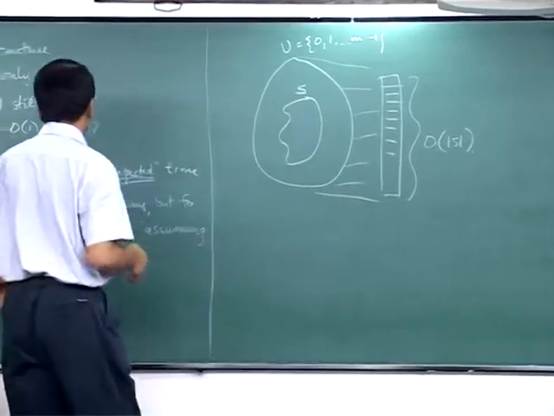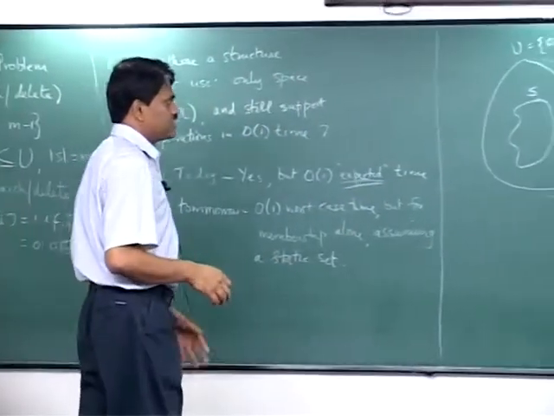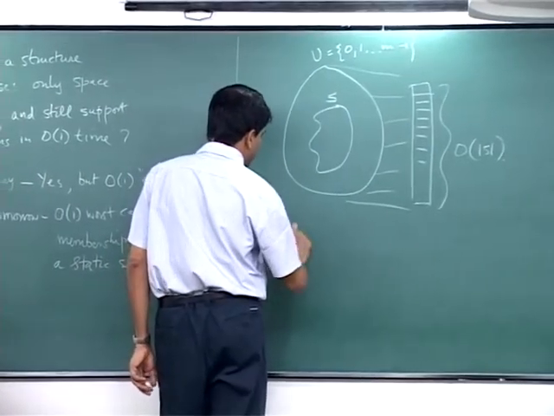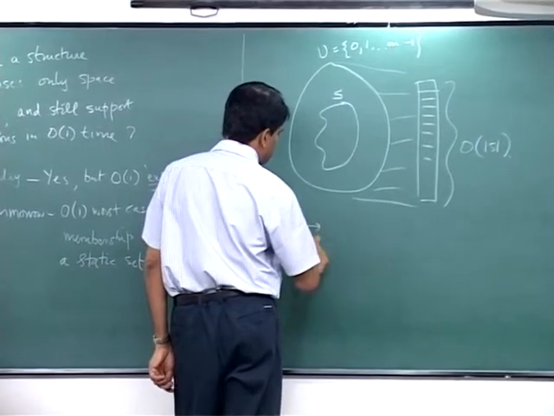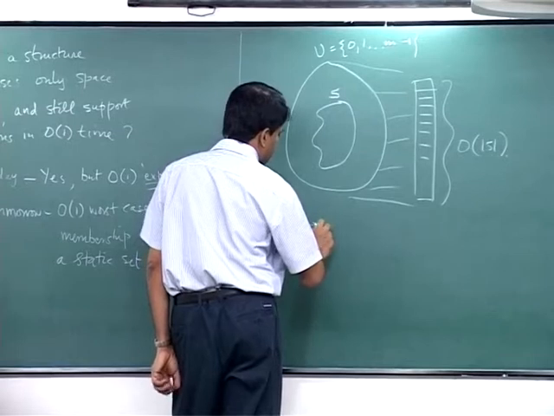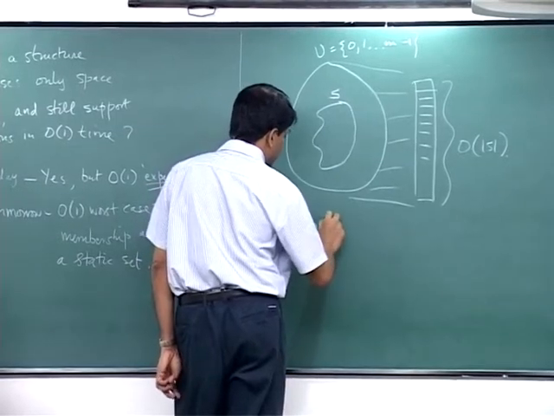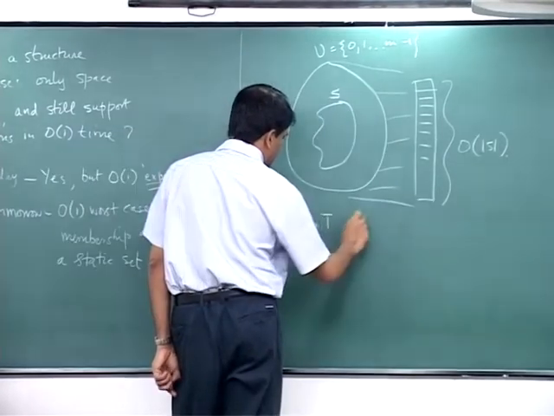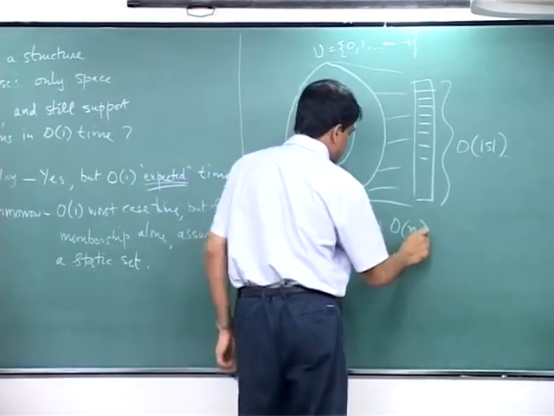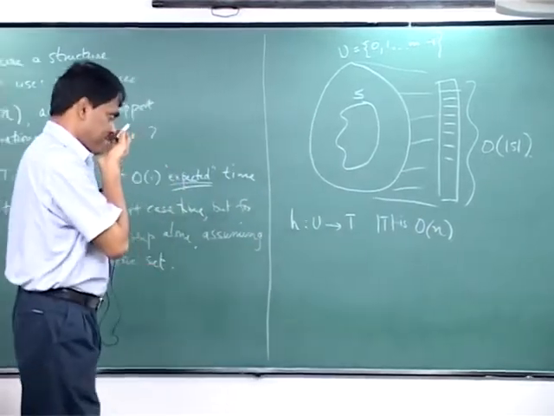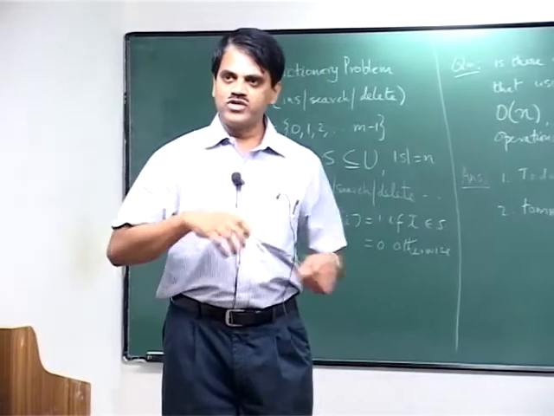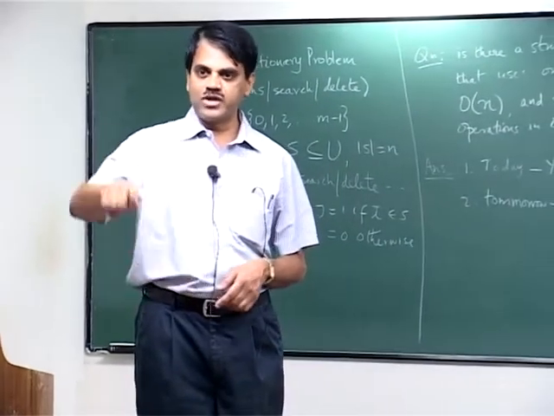So one way to deal with the fact that I have a lot of space here is that I think of some function h which maps the universe to, I'm interested in space order n, let's say some table T whose size is some order n. That's what I'm interested in. I want to take the universe. For every element in the universe, I'm going to point to a location in the table.